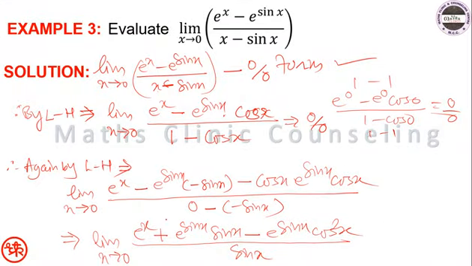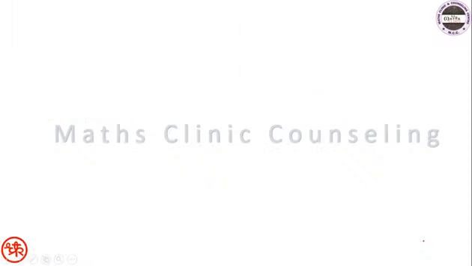Now check here, e to the power 0 is 1, e to the power sin 0 is 1, so 1 plus 0 minus 1 divided by 0. So it is equal to 0 by 0 form. Okay, so again by L'Hospital rule, the given limit is equal to limit x tends to 0. Is that clear? Now let's check.